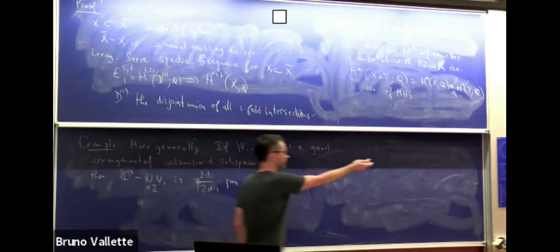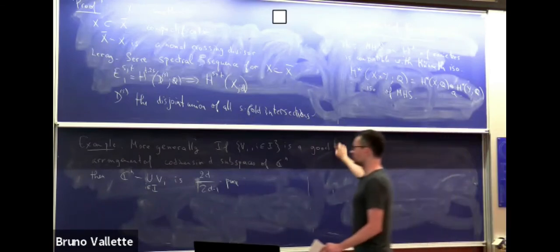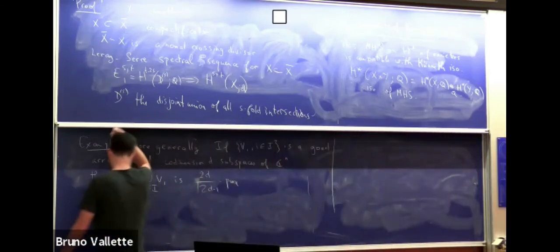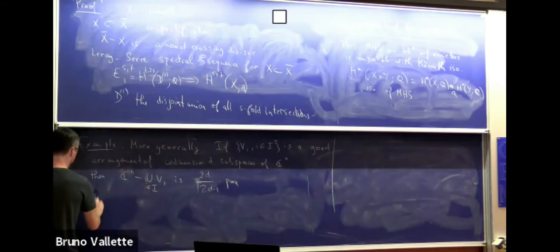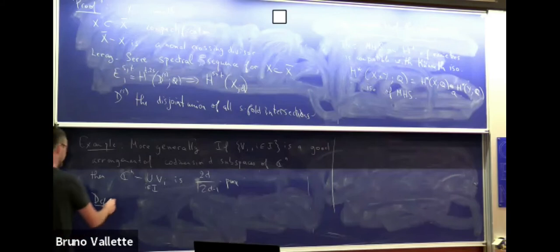So this would be a very trivial example where you have just one subspace, which is 0, which indeed has codimension d. But you have this level of generality in a good arrangement. It's something a bit similar to general position, but a bit more general.